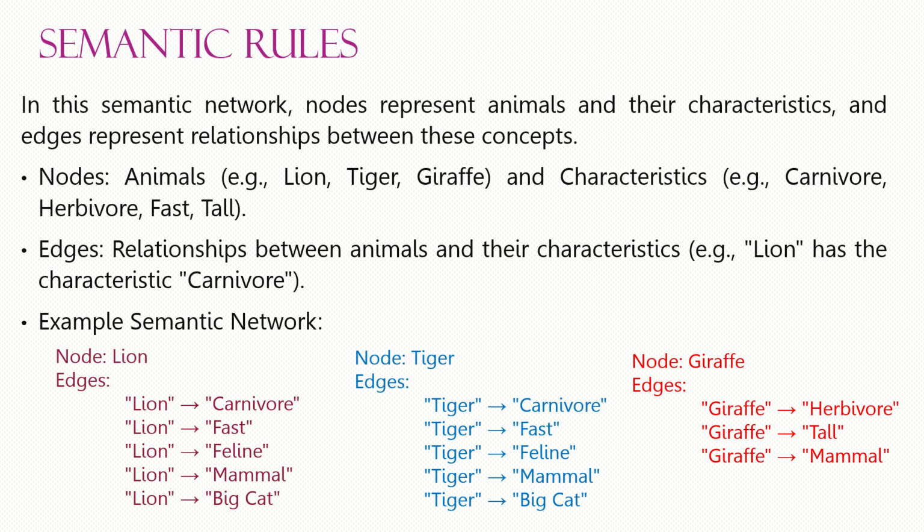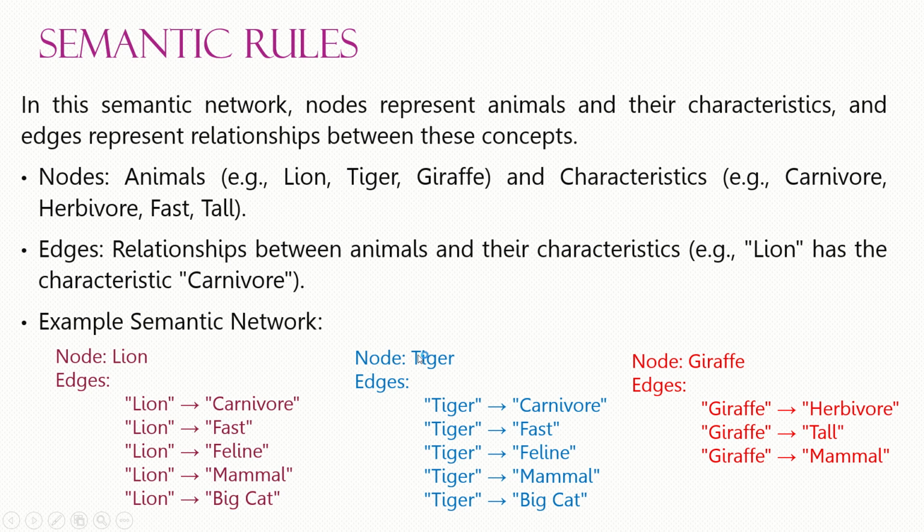This is how the nodes and edges are defined using semantic networks, and you can see how the knowledge base is provided. For example, for the node lion, the possible edges are: the lion is a carnivore, the lion is fast, the lion is a feline, a mammal, and a big cat.